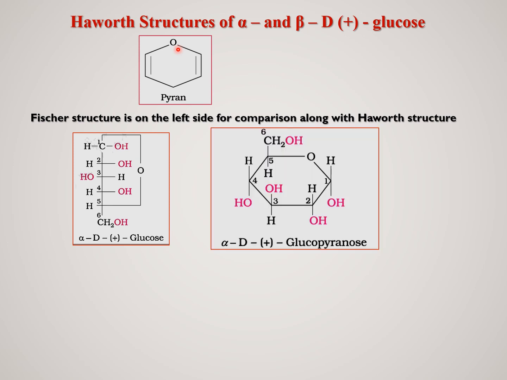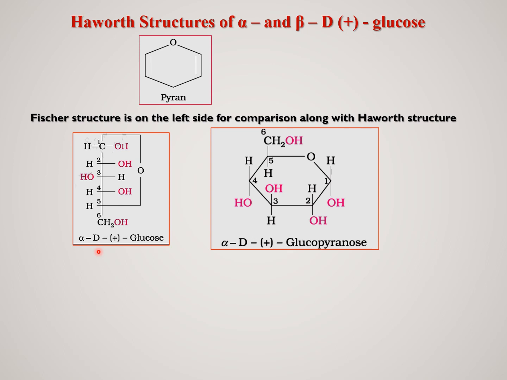I want students to see the Haworth structure, which we write as alpha D plus glucopyranose. You are going to always write the Haworth structure after understanding the Fischer structure, which is written as a reference and comparison for you to understand on the left side.